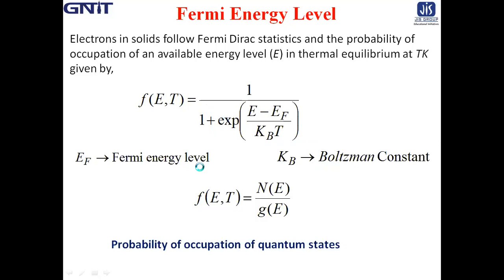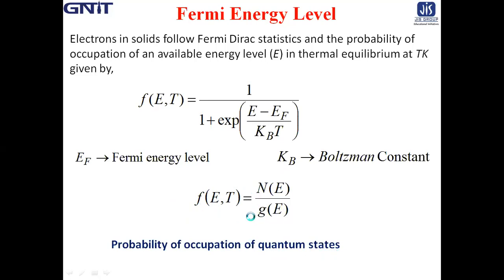Now, the probability of occupation of quantum states, denoted by f(E), is the ratio of N(E) by g(E).